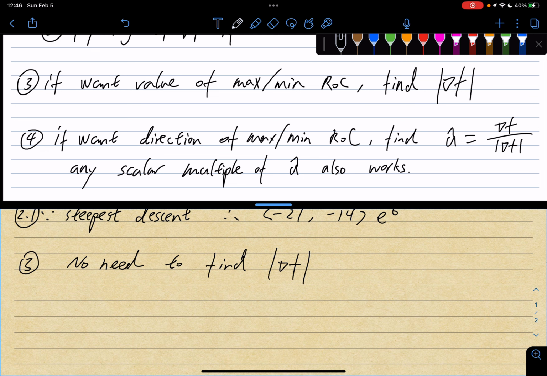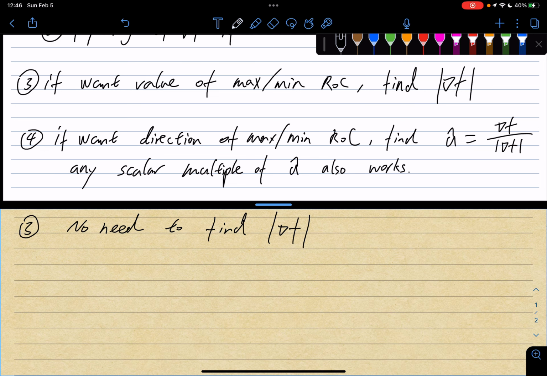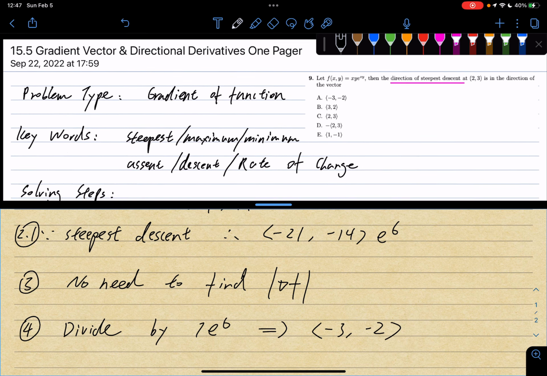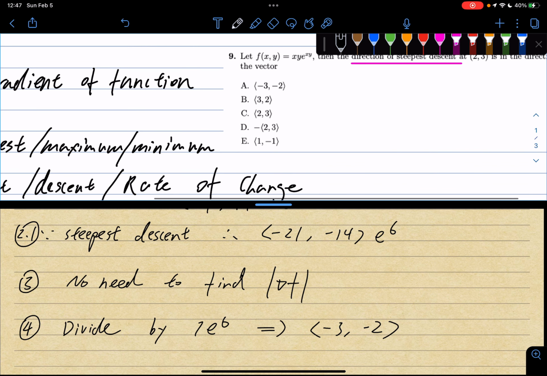So in this case, we can go ahead and divide by 7 e^6. We're going to get (-3, -2). This will correspond to answer choice alpha, and that is the correct answer to this problem.